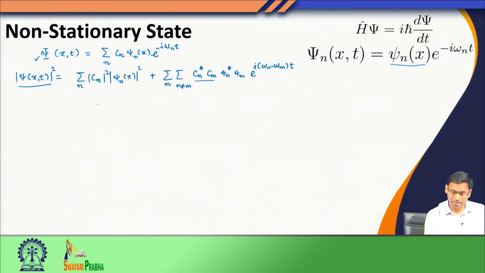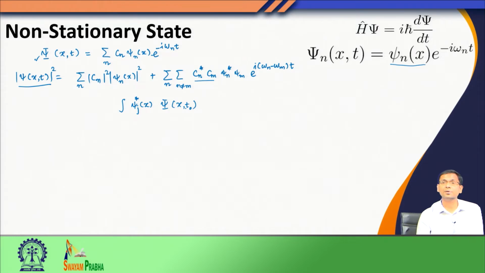To do that, let us do a little exercise. Let us first take one psi j function, which is nothing but one of the eigenfunctions of the time independent Hamiltonian. I multiply this eigenfunction with this psi, but not at time t, but at time t equals t 0, that means at the initial time.